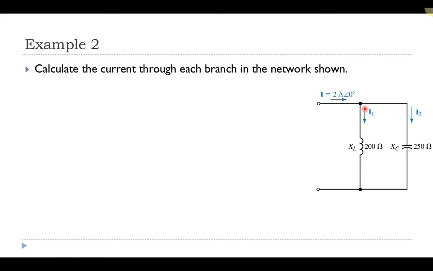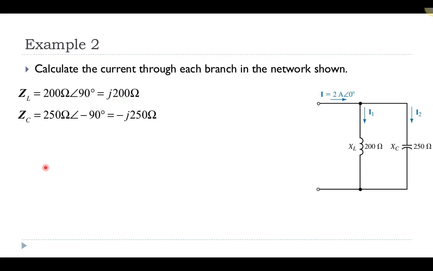I want to determine what is the current through each of the branches. The first thing I would want to do is write down the impedance value for each of the components. For the inductor, it's 200 ohms with an angle of 90, or an imaginary part that's positive. And for the capacitor, it would be 250 ohms with an angle of minus 90, or a negative imaginary part of 250.